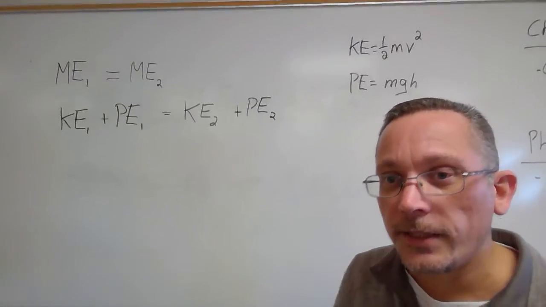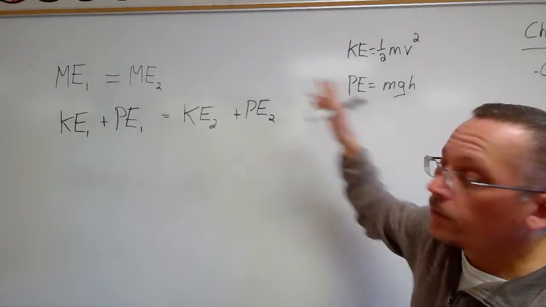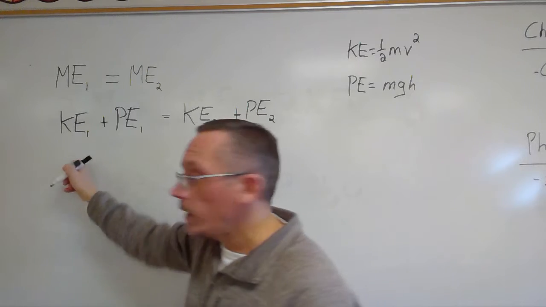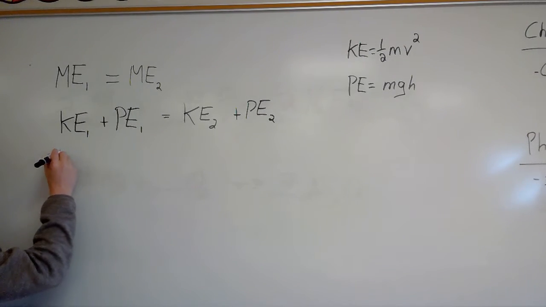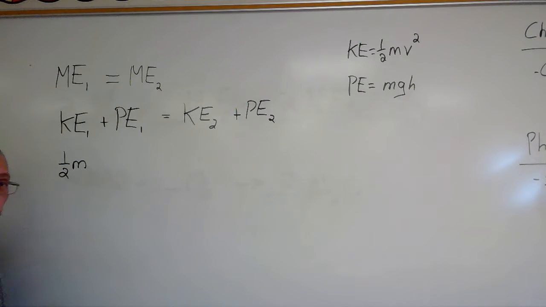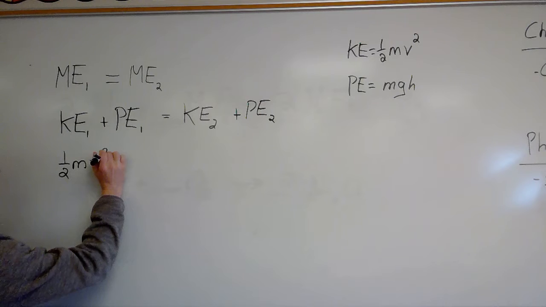Hopefully you can see that there. Now let's substitute those terms into this expression. The kinetic energy at the beginning, I'm going to write 1/2 times the object's mass times its velocity at the beginning squared.